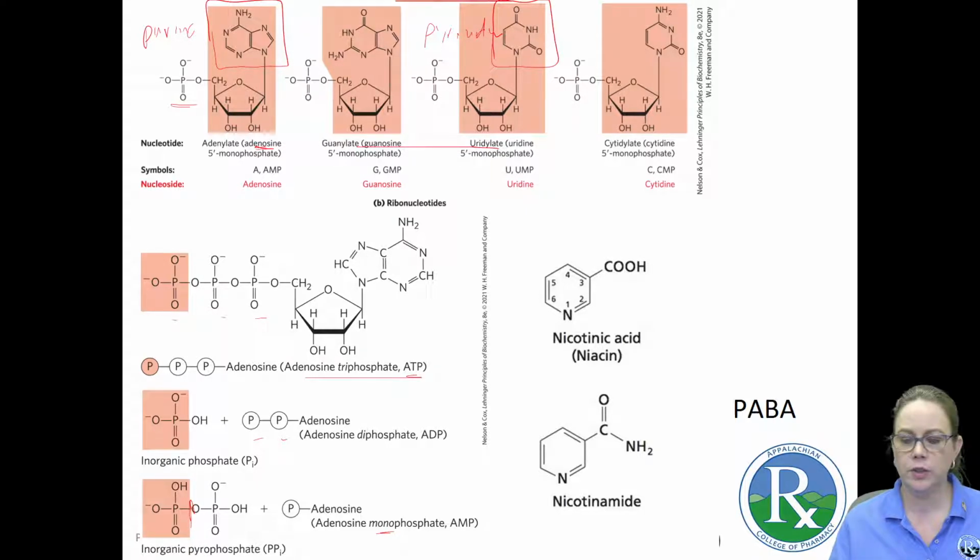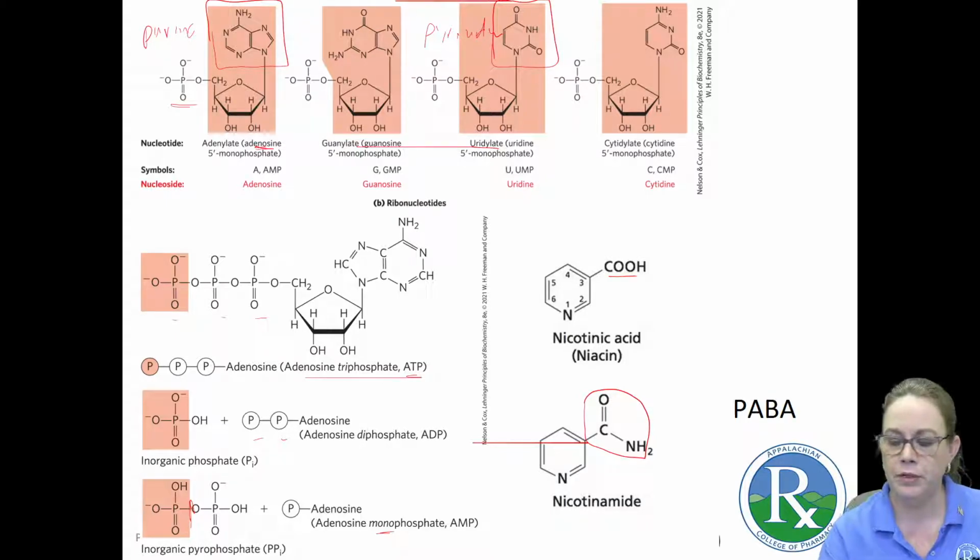Other structures we're going to look at that you should be familiar with are nicotinic acid, which is simply a pyridine that has a single carboxylic acid substituent at the 3 position. That's the structure in our vitamin niacin. We can convert that carboxylic acid into an amide to form nicotinamide, and we'll look at its incorporation into coenzymes.